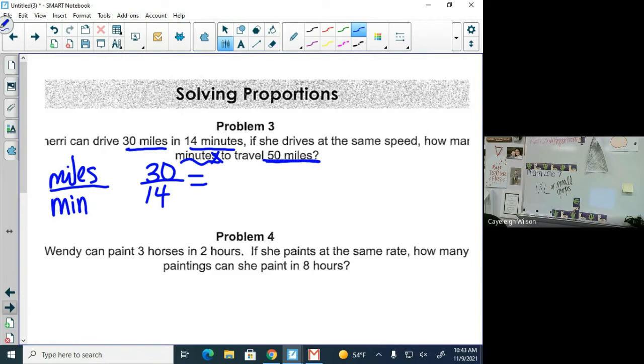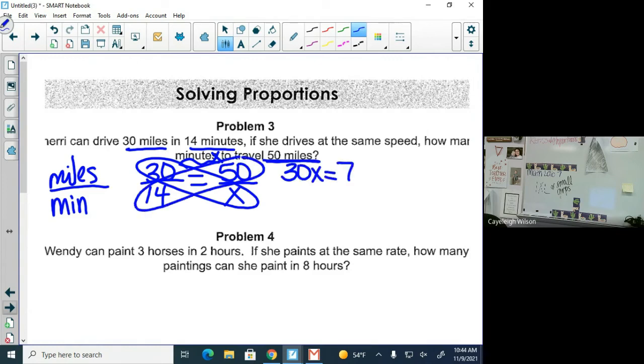Look at the label, miles over minutes. Top. So then I cross multiply, so 30 times X is 30X. 50 times 14 is 700. Divide by 30, and you get 23.3 repeating. 0.3 repeating is 1/3, so 70 over 3 would be okay.